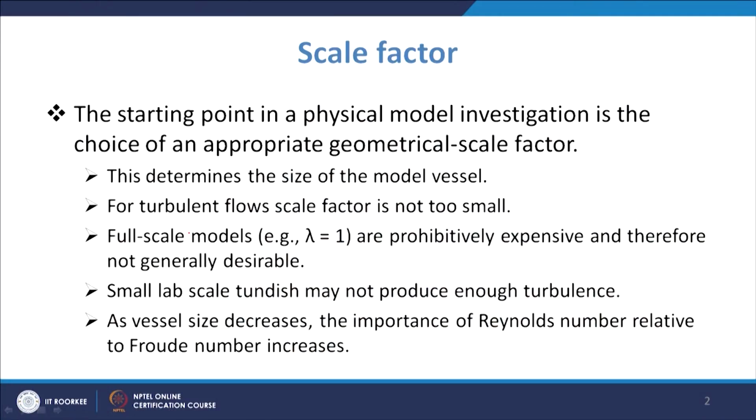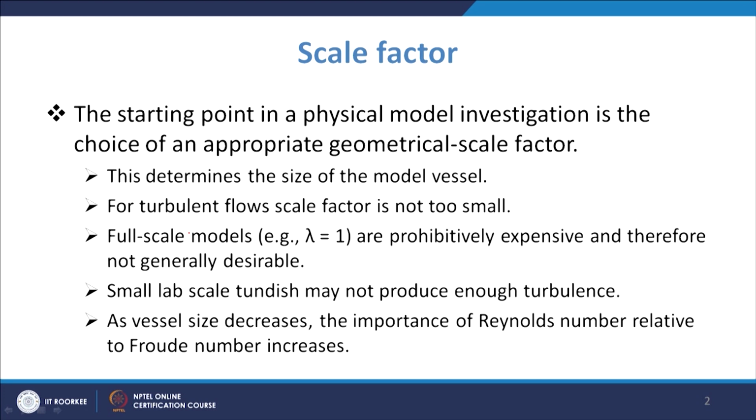So basically the starting point in a physical model investigation is the choice of the appropriate geometric scale factor, which determines the size of the model vessel. For turbulent flows, the scale factor has not to be very small.